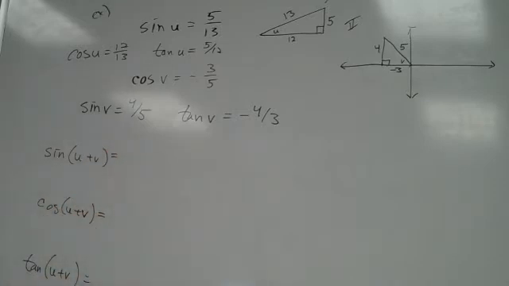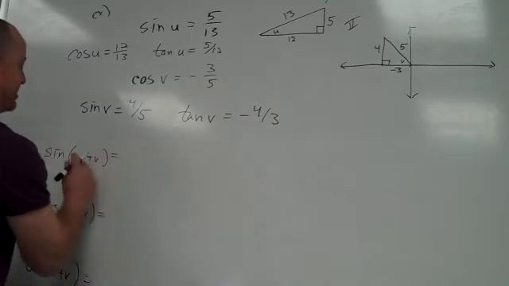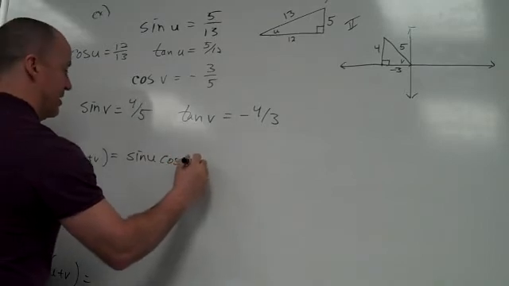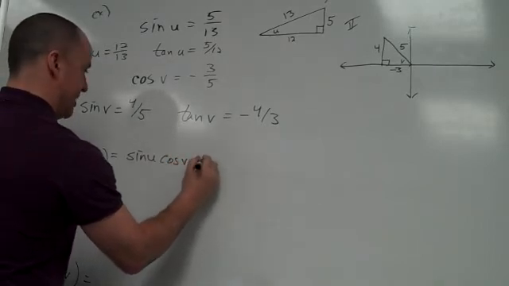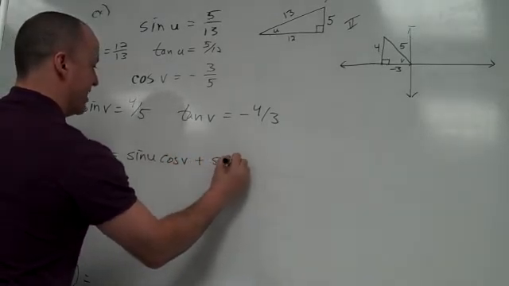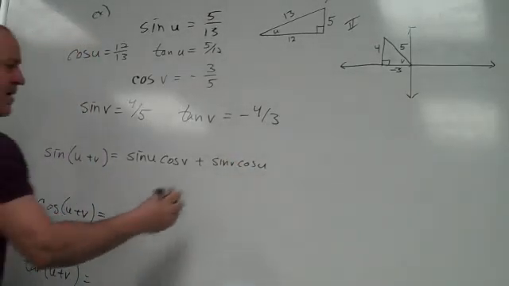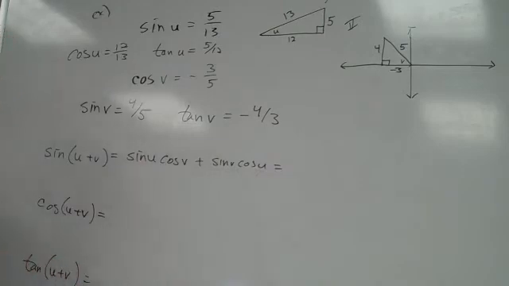For the sine of U plus V, you have to remember the sine formula. So it's going to be the sine of U, cosine of V, plus the sine of V, cosine of U. And here it's just plugging in a lot of annoying numbers.